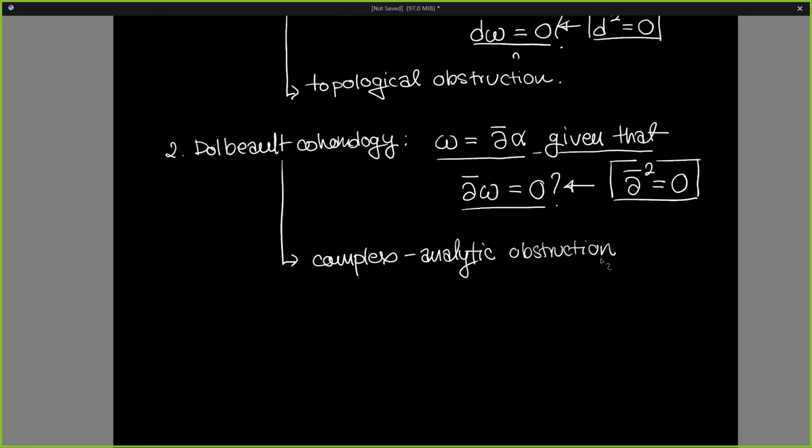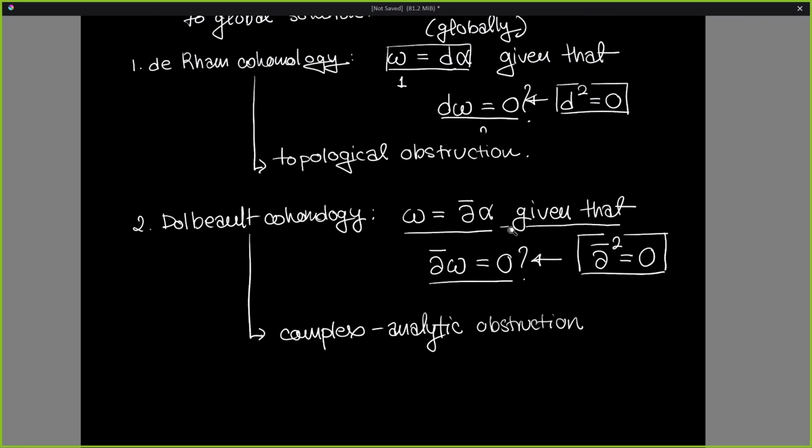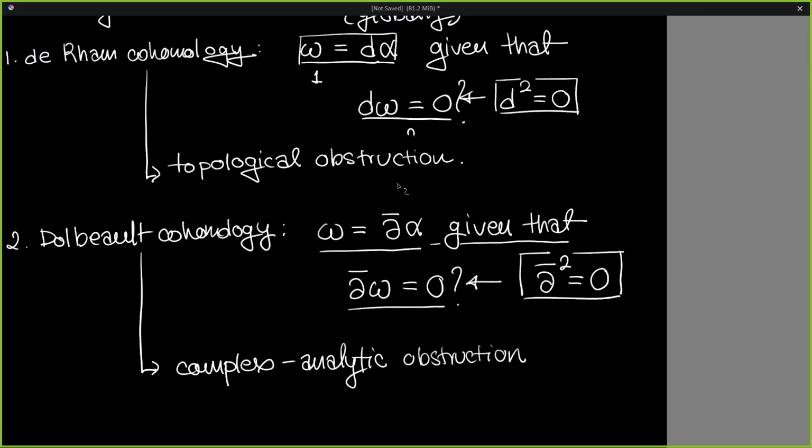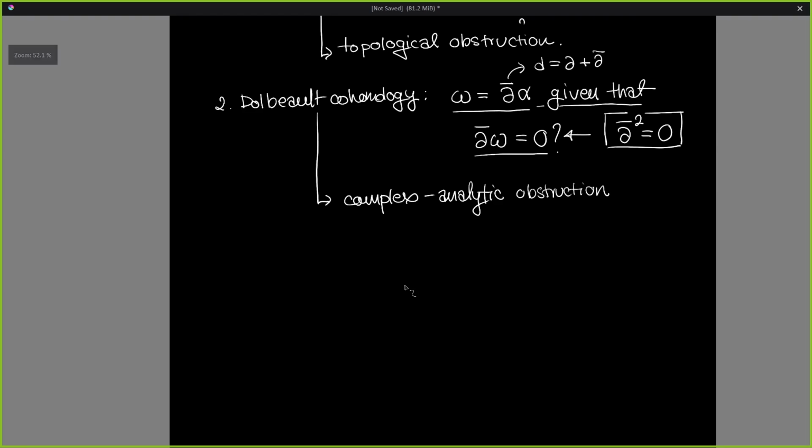And the clue for why this is a complex analytic obstruction, which will become more clear as we keep going, is that d decomposes to partial and partial bar, which means that the holomorphic and the anti-holomorphic sectors are being treated differently, and each of them has their own operator on them. So that might give us a clue why the complex analytic structure comes into play here.